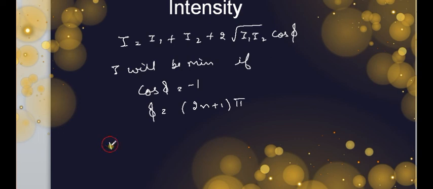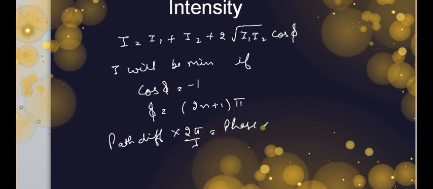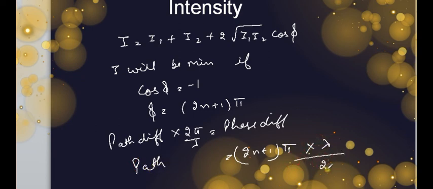Now we need to evaluate the path difference. Path difference into 2 pi by lambda is equal to phase difference. Now phase difference is 2n plus 1 pi, and we need to evaluate path difference, so we multiply by lambda by 2 pi. This pi cancels with this pi. So path difference comes out to be an odd multiple of lambda by 2. This is how we have obtained the condition for destructive interference: path difference should be equal to an odd multiple of lambda by 2.